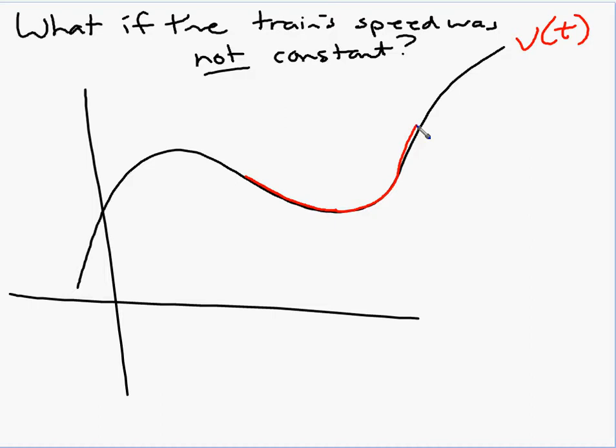If this was 7 a.m., and this was 9 a.m., and I wanted to find the area under that, well, I've got a problem, because I don't have a nice square rectangle.